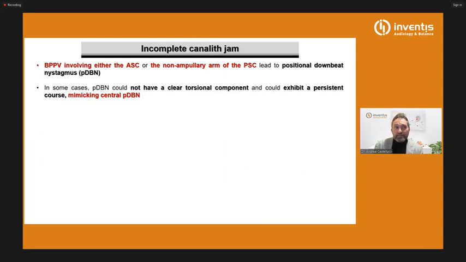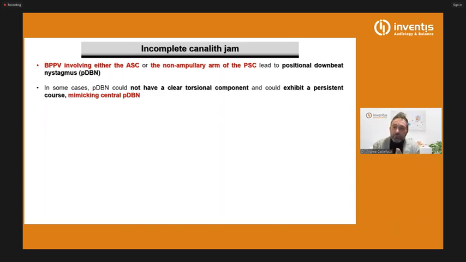But I said before that the most common forms of canal gem are actually not a complete canal gem, where from the beginning we have a continuous flow of endolymph leading to a persistent deflection of the cupula, leading to a spontaneous nystagmus.